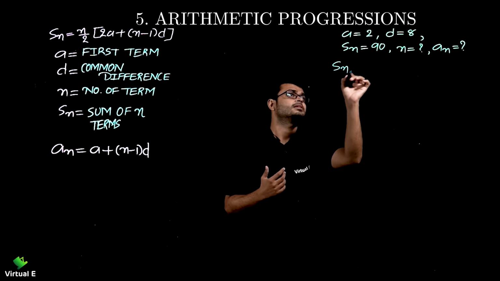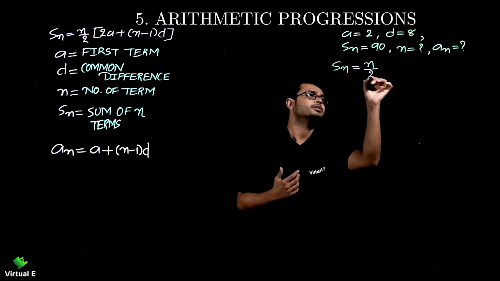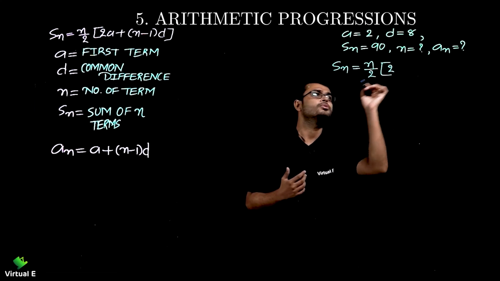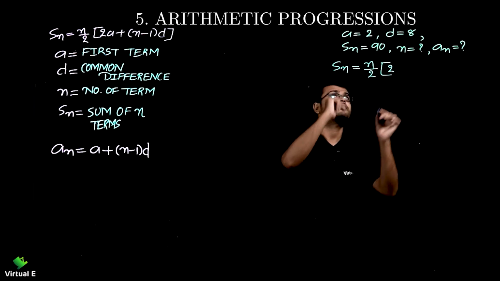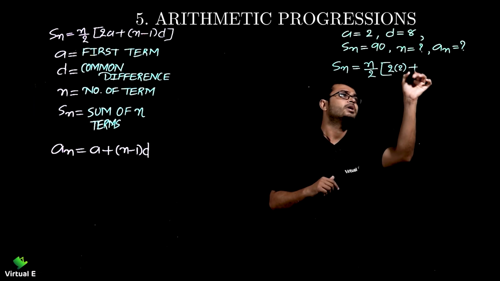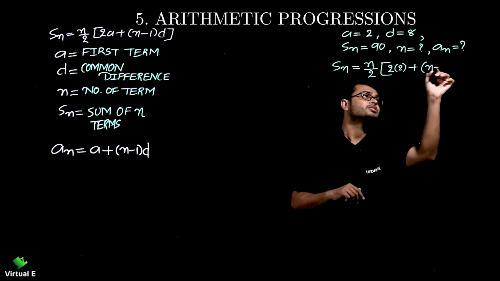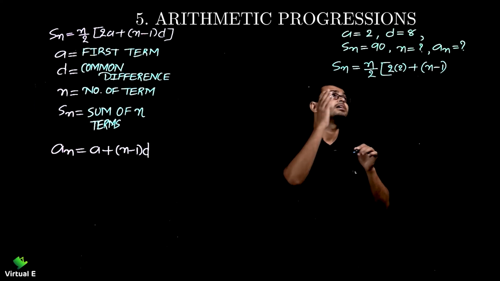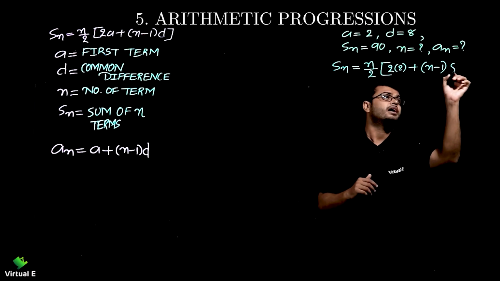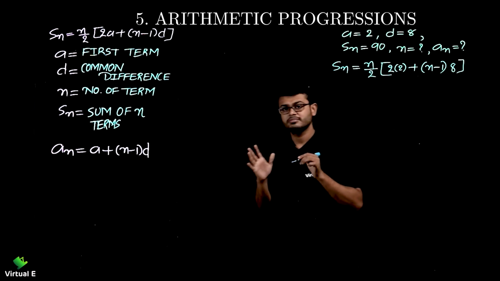So simple. Let's use the formula. Sn is equal to n by 2 into (2a, the value of a, which is 2, plus (n minus 1) d). We don't know the value of n, so n minus 1 as it is. Then d. What is d? 8. Bracket close. Simple.